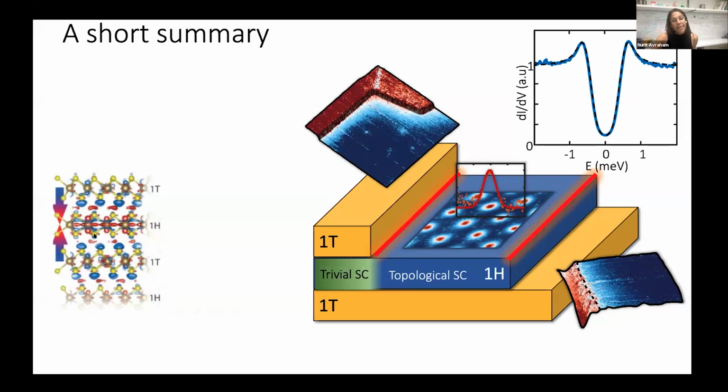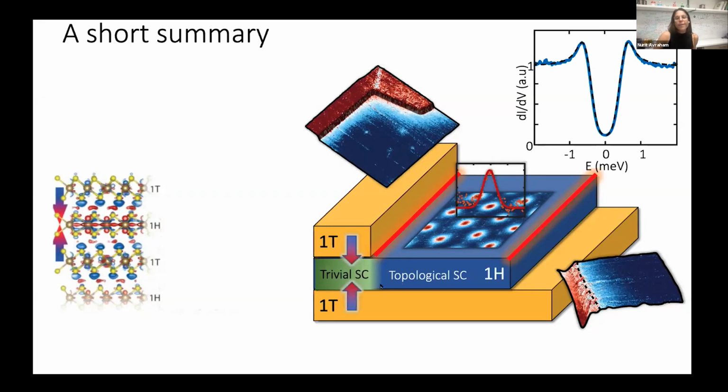In the symmetric configuration, it happens from both sides, so there is no total polarization. But this charge transfer is also the origin of the imprinted CDW that we see on the 1H layer, the ones that belong to the 1T configuration.